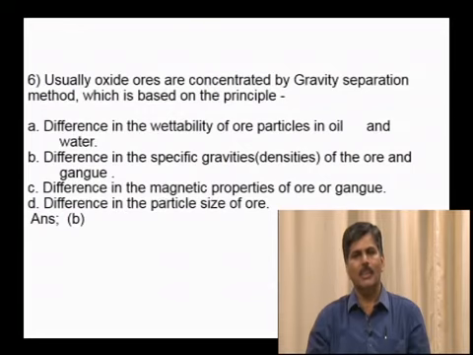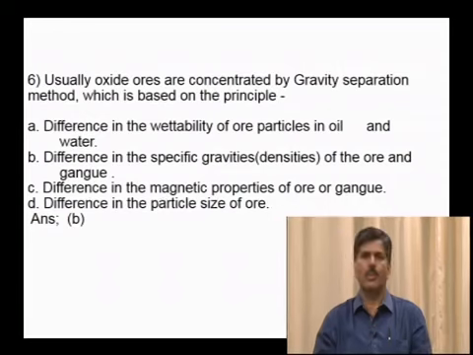The four options are: difference in the wettability of ore particles in oil and water; difference in the specific gravities or densities of the ore and gangue; difference in the magnetic properties of ore or gangue; and difference in the particle size of ore.